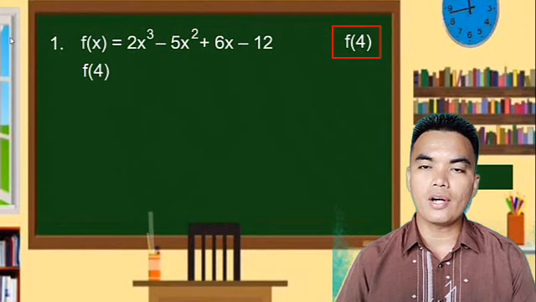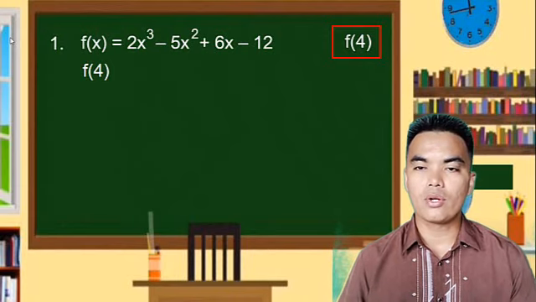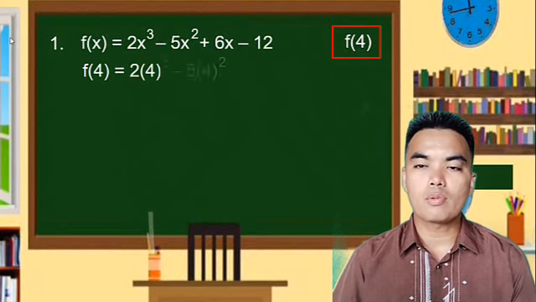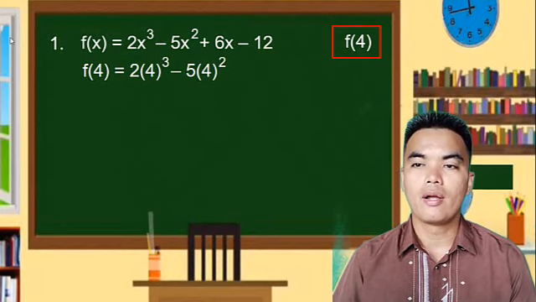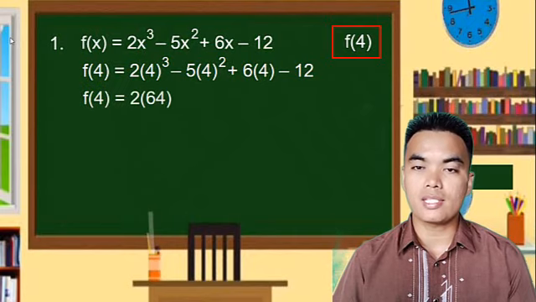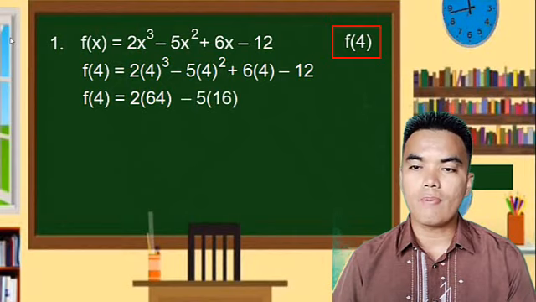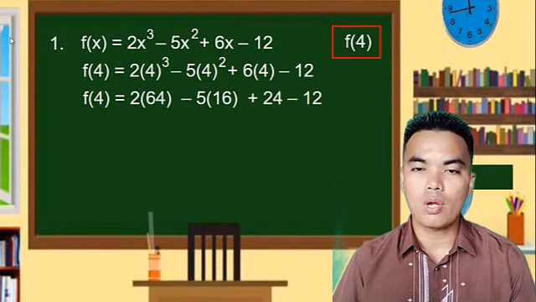So from the given function, we have 2 times 4 cubed minus 5 times 4 squared plus 6 times 4 minus 12. Now 2 times 4 cubed is 2 times 64, minus 5 times 4 squared, which is 5 times 16, plus 24 minus 12.